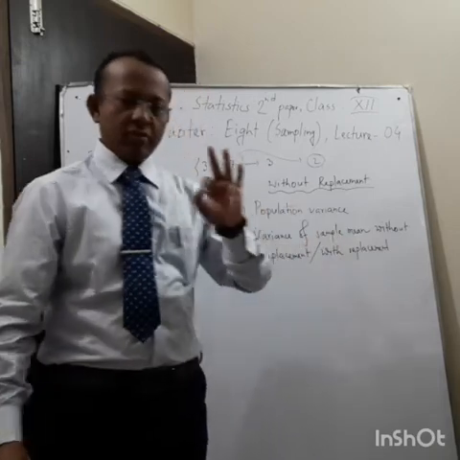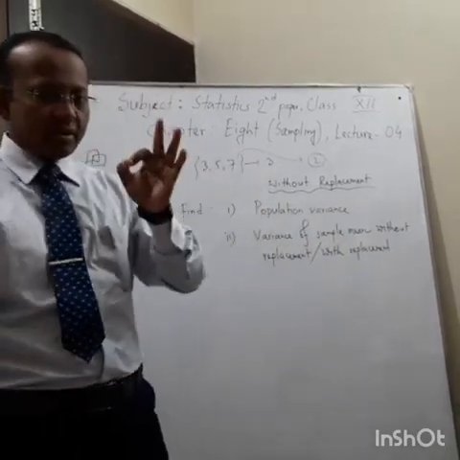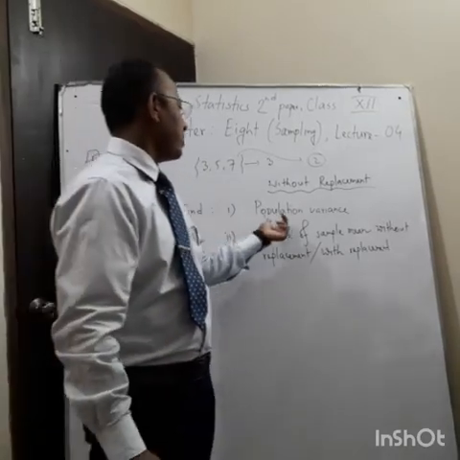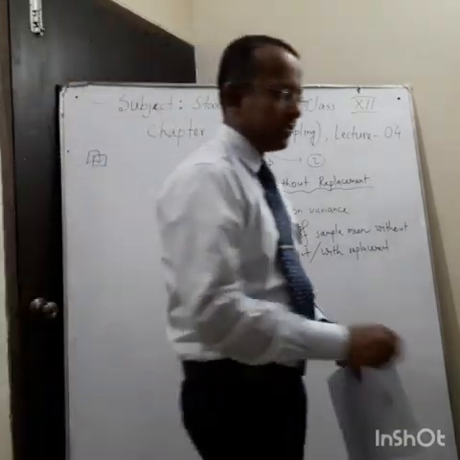There are 2 formulas, applications of 2 formulas, and simply if it is mentioned in the question to determine the population variance, then we will simply determine the population variance.